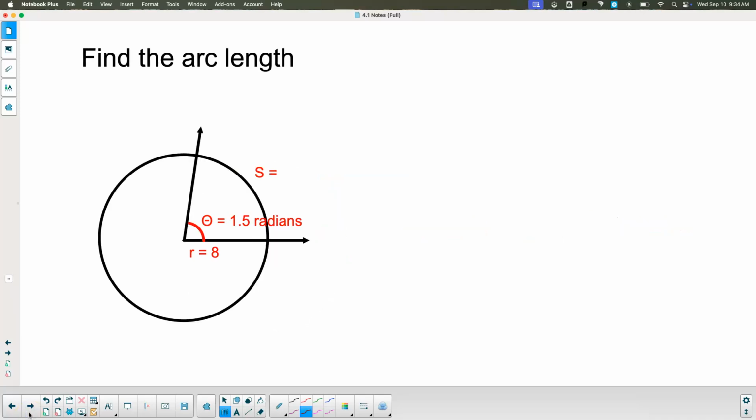So the formula that we're dealing with here is S equals R theta, where S is the arc length. That was my green.